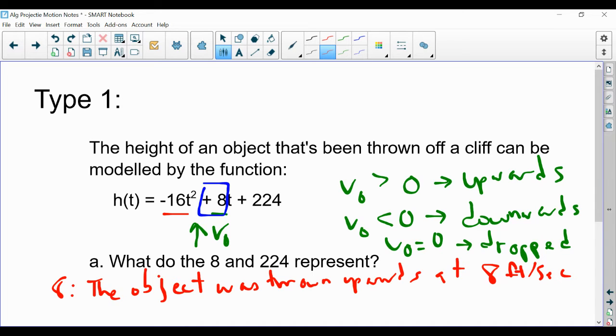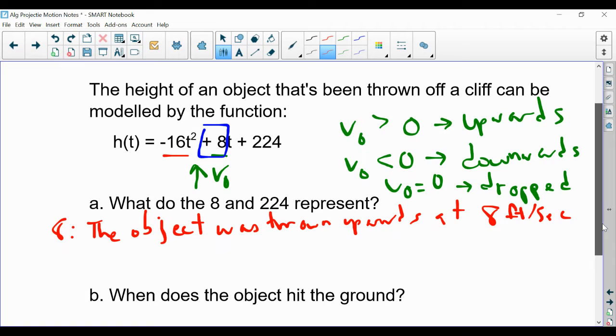Okay, so a couple of things need to be in this answer in order to receive all of the possible credit. Tell me that it's being thrown upwards because it's positive, and give me the unit. It's feet per second. How do you know it's feet? Well, the negative 16 tells me feet per second squared. So that's how I know it's feet, and that's how I know it's seconds.